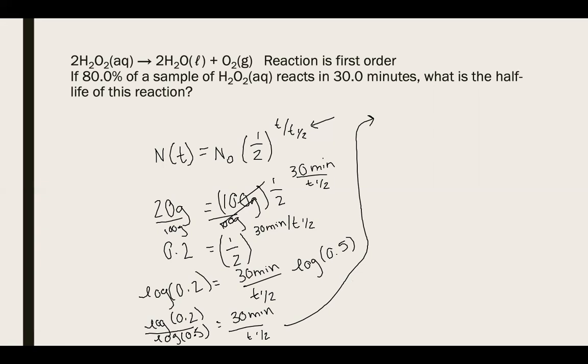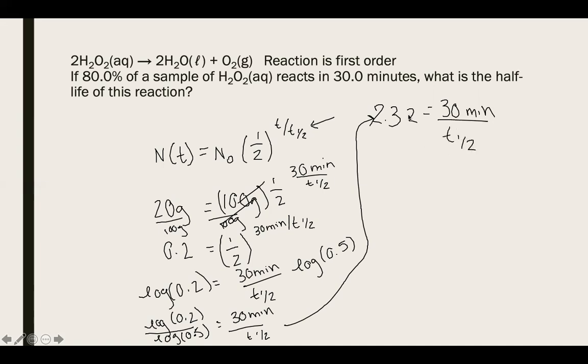You're going to get 2.32. So you'd have 2.32 equals 30 minutes over your half-life.